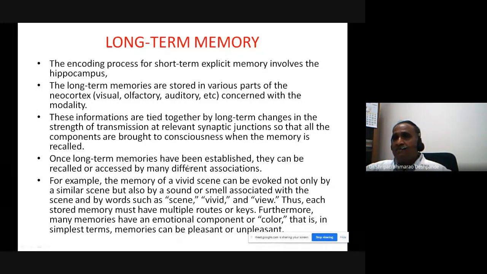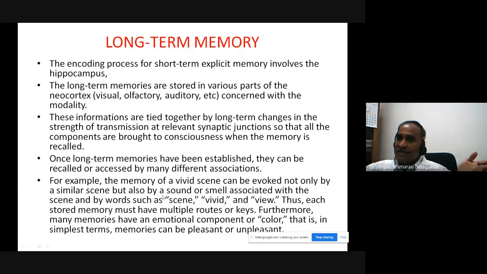Once long-term memories have been established, they can be recalled and accessed by many different associations. I mentioned that each memory has three or four associations: somatosensory, visual, auditory, olfactory, or whatever.